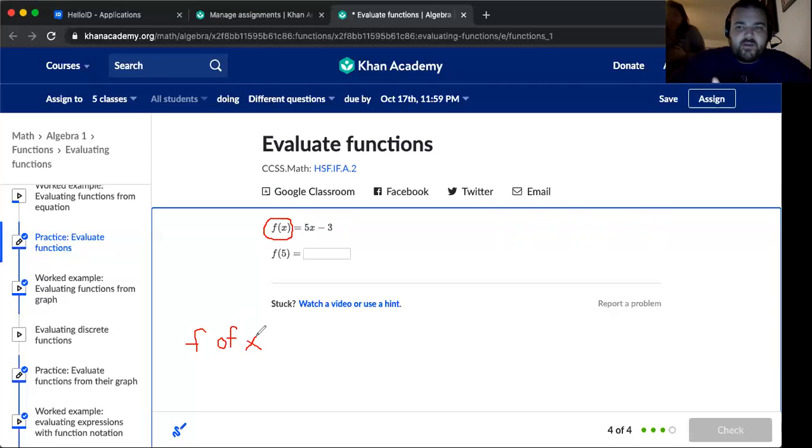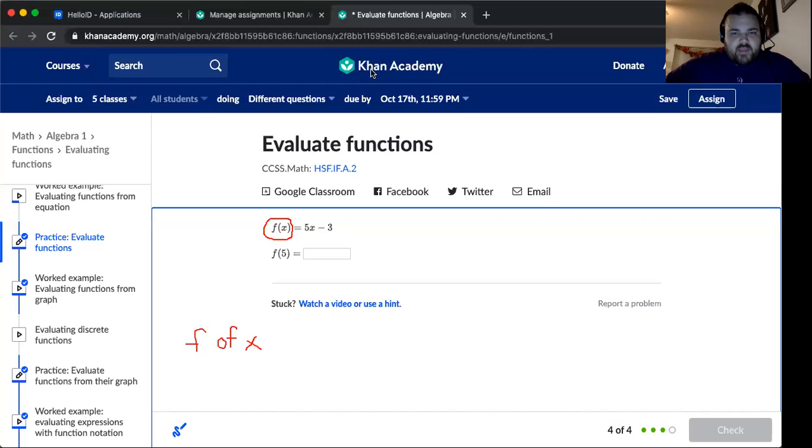And you'll see that in pretty much all of the skills we do with functions. We have this f of x or g of x or h of t or whatever it may be. It's just pronounced f of x. So as you hear me say that, start getting used to hearing that phrase and start using it when you're working on the problems yourself.